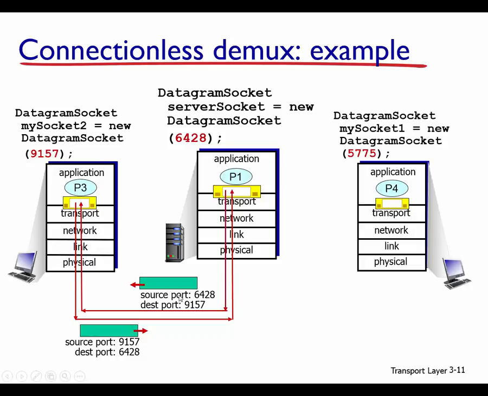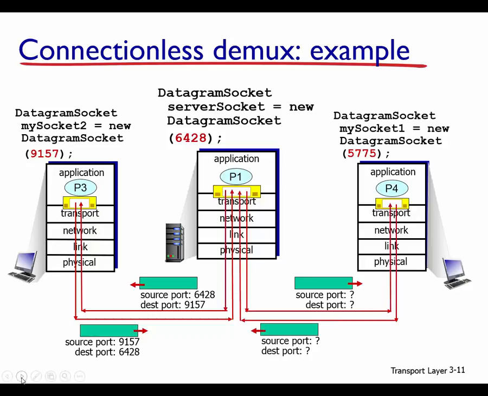So this particular client knows to relate 9157 to this particular socket. And over here, we're sending back, so the source is going to be 6428 and the destination is going to be 5775, and the opposite is true where the source port number is 5775 and the destination is 6428.